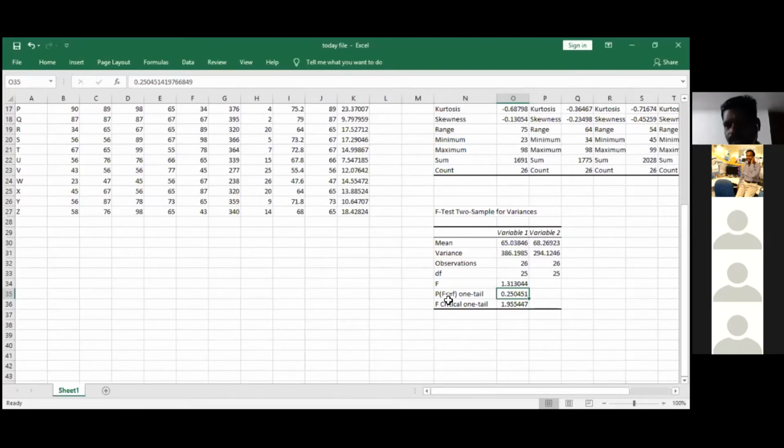So rejected, not rejected. Some researchers call it accepted. Accepted, from the statistics point of view, is not used, because accepted means 100% accepted. In social science, it is not 100% accepted. So we use the 5% level and the 1% level.